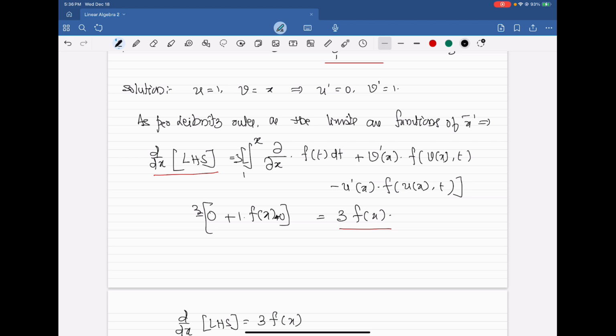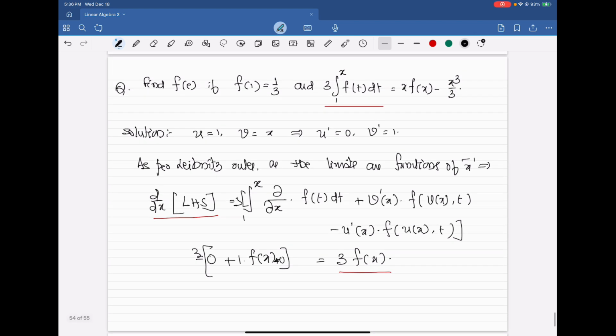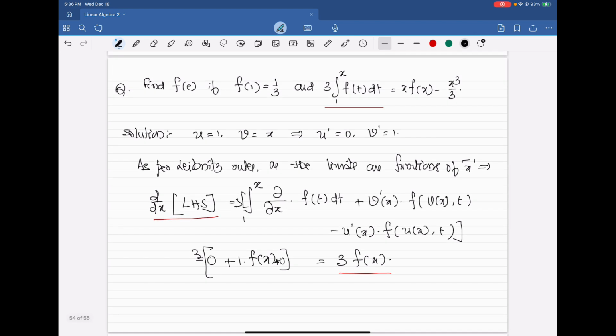As per Leibniz rule, as the limits are functions of x, because one is a function of x, that is v is equal to x, u is equal to 1 is constant, u dash is equal to 0, v dash is equal to 1. As per Leibniz rule, whatever the variables in the limits, with respect to those variables we have to take the derivative d by dx of the left hand side, because v is a function of x, u is also a function of x.